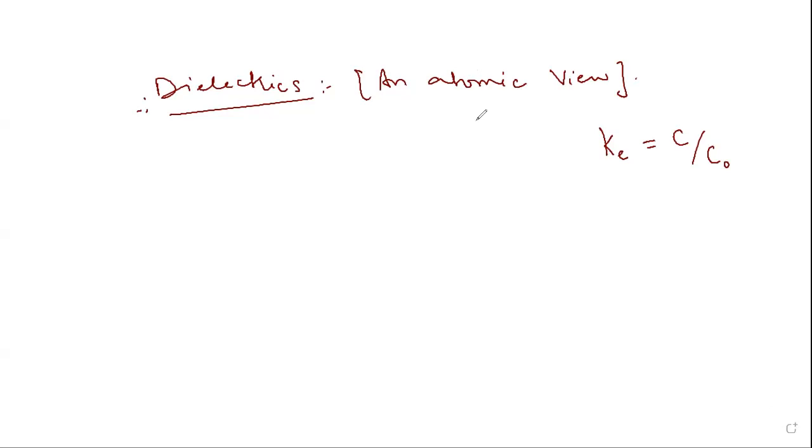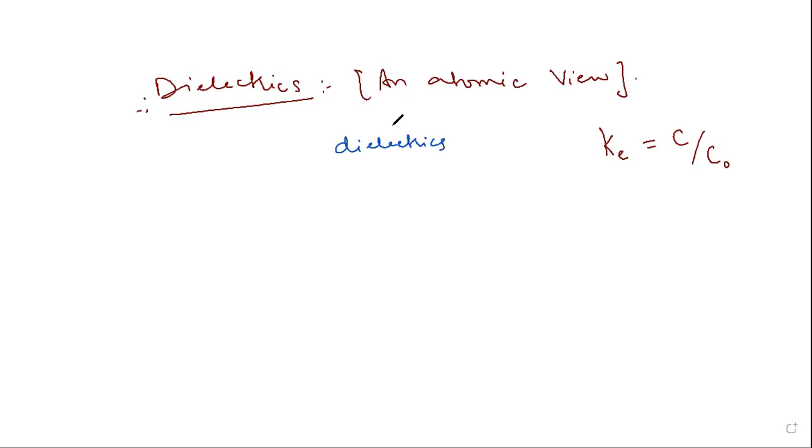So dielectrics are of two kinds. Accordingly, there are two possibilities when we place a dielectric in an electric field.